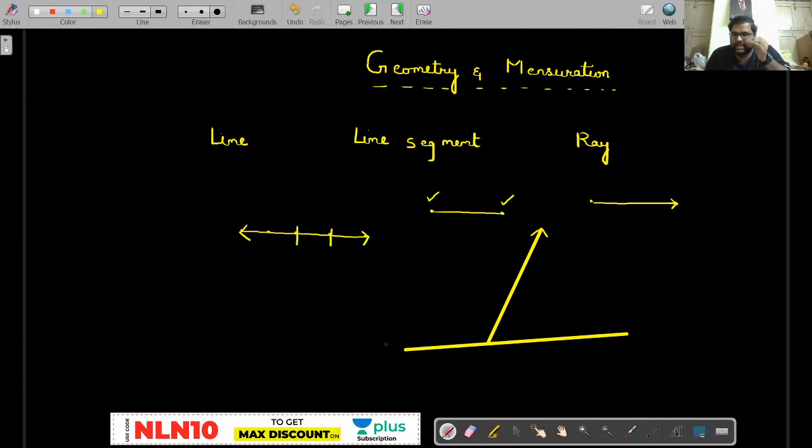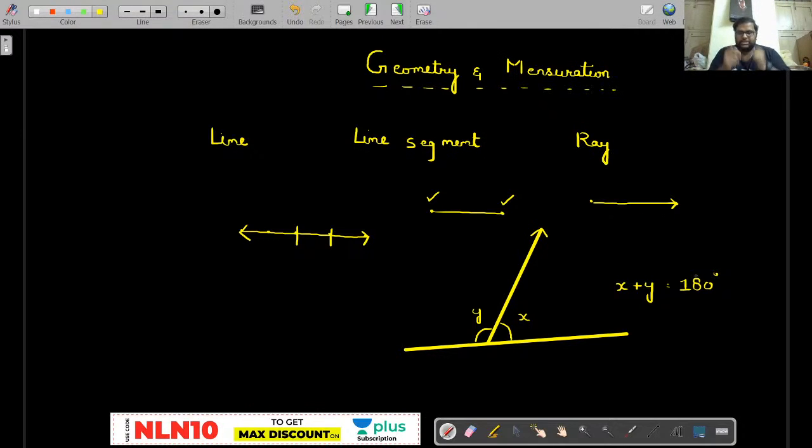So when this line is dissected by a ray, an angle is formed, right? Now I'll take this as x. Now I'll take this angle as y. Now sum of these two angles will be equal to how much? Any idea of this? This will be 180 degrees, supplementary. Now this is the way how an angle is formed.